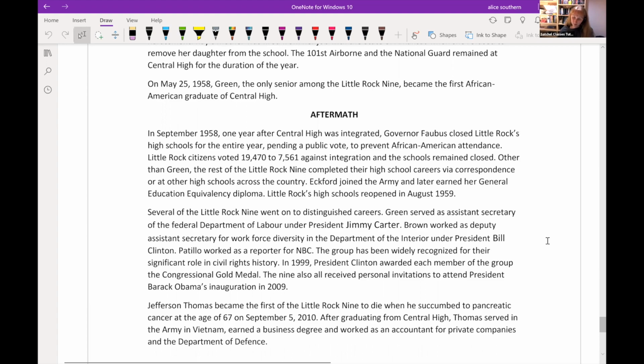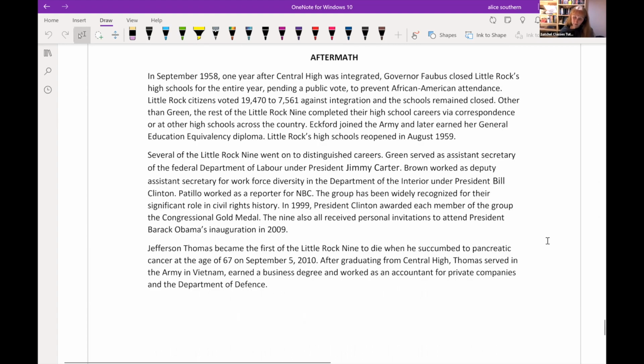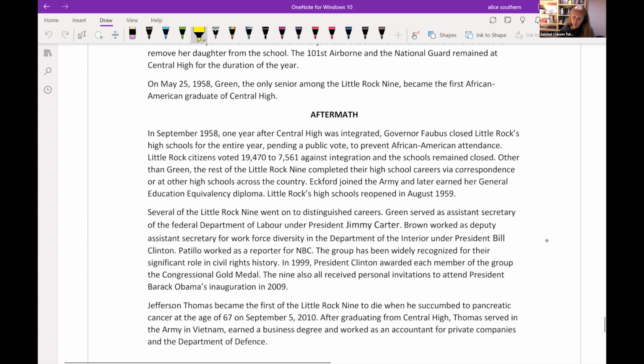So there is aftermath to this. So the governor doesn't give up. He does close all Little Rock's high schools for the entire year to prevent African American attendance, and they voted 19,470 to 7,561 against integration, and the schools remain closed.